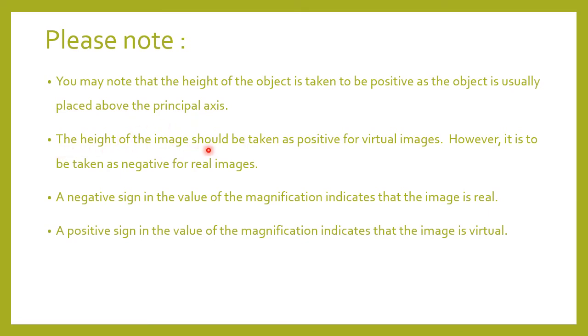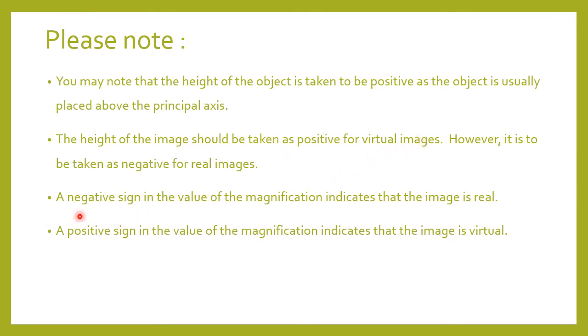Then the height of the image should be taken as positive for a virtual image, whereas it is to be taken negative for a real image. Real image, you know, is real and inverted, so it will be upside down, so it will be negative. If it is virtual and erect, then it is straight up on the top side, so then it is positive.